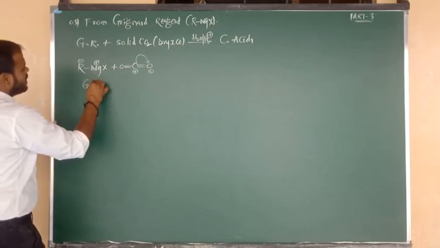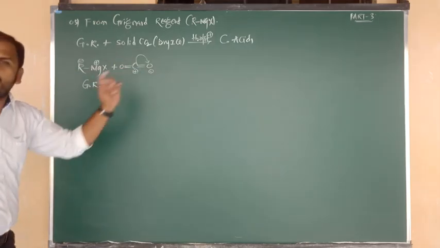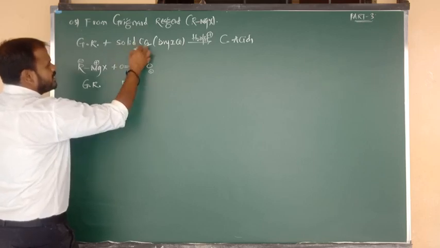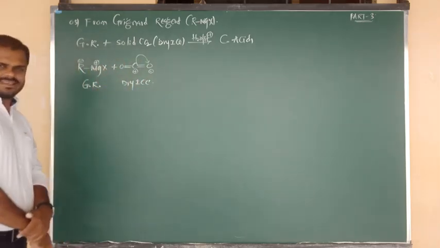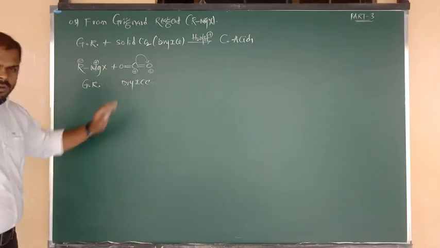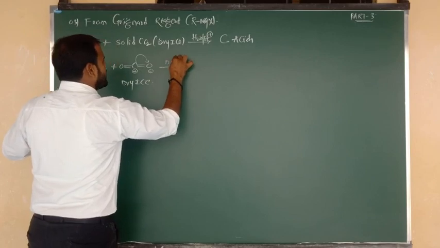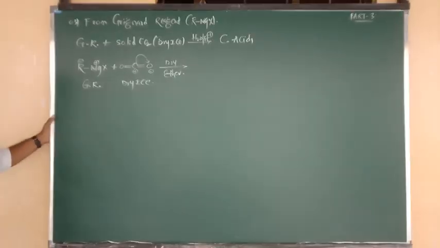The formula of Grignard reagent. Upon reaction with CO2, nothing but carbon dioxide, but which type? Solid carbon dioxide, also called dry ice. Grignard reagent and carboxylation take place in the presence of a supporting solvent, that is dry ether.